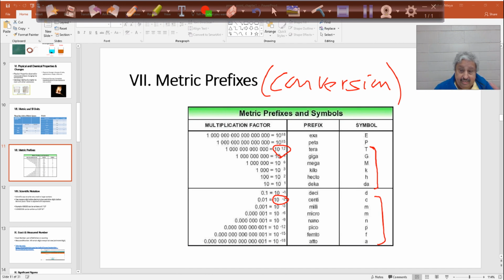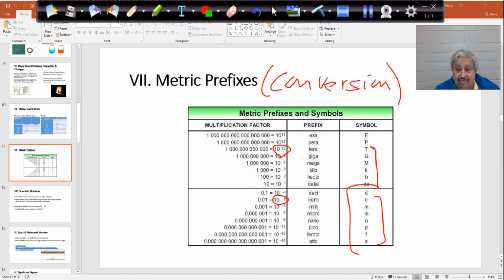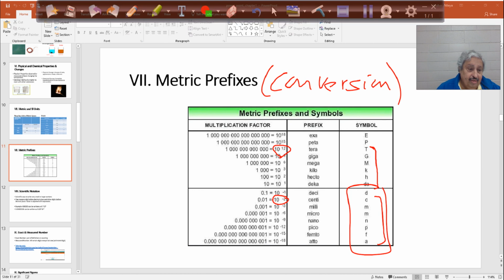Kilo is a small k because the capital K is reserved for Kelvin, and hecto is a small h. Deca is da. So you will see those are exceptions. But in general, all the negative exponents are not capital letters, they are small letters. You can see them here. All those are small letters. Okay, guys?